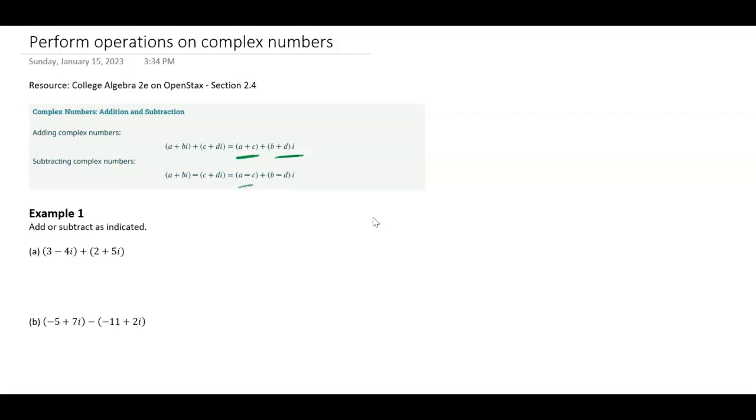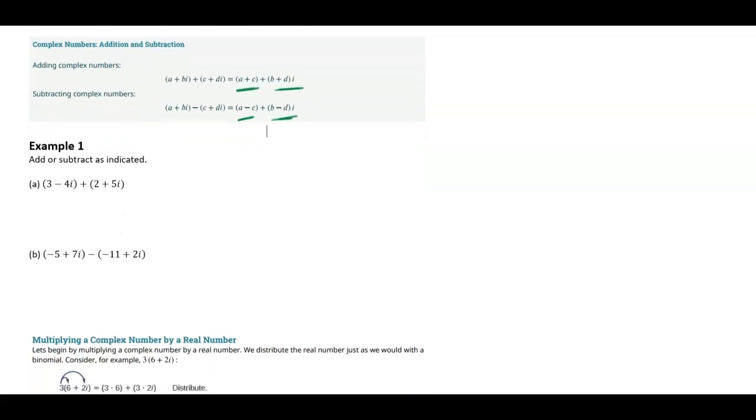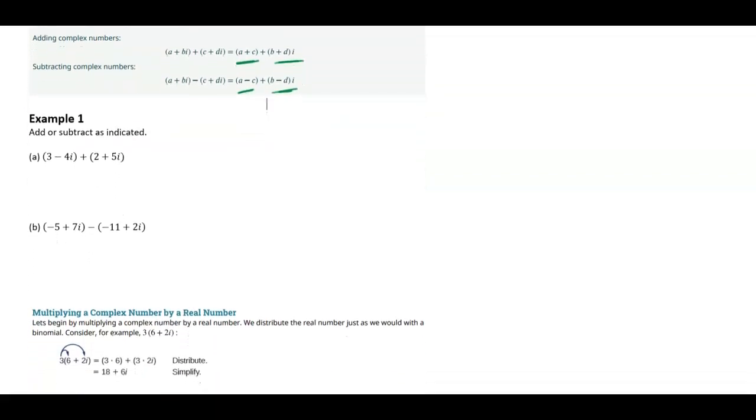With subtraction, same operations there. So essentially we're going to group the real components and the imaginary components together and add as normal. In example 1, if I needed to add these two complex numbers, then my real component would be 3 plus 2.